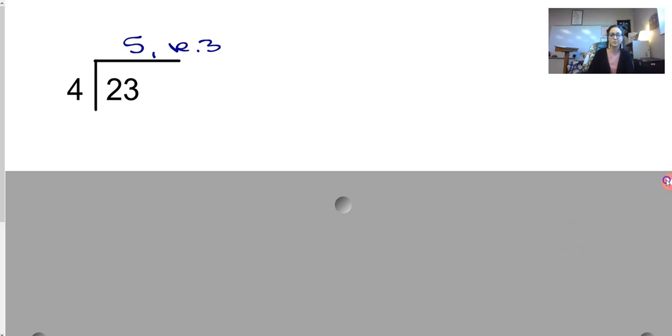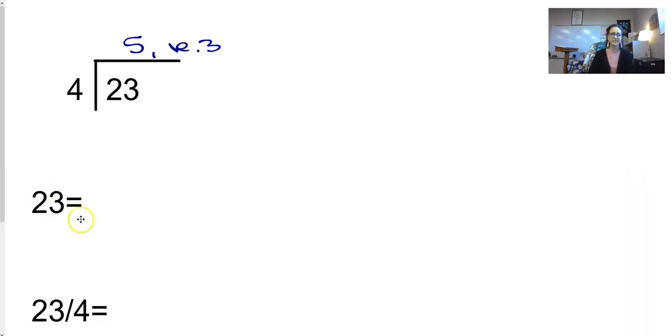Okay, so there are a couple ways to think of this. I can think of this as 23 equals 4 times 5 plus 3. Or I could write it in fraction form and say, okay, 23 over 4 is equal to my quotient 5 plus my remainder 3 over my divisor 4, right? 5 and 3/4 basically.